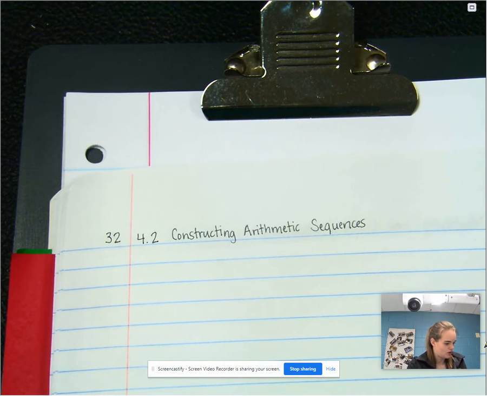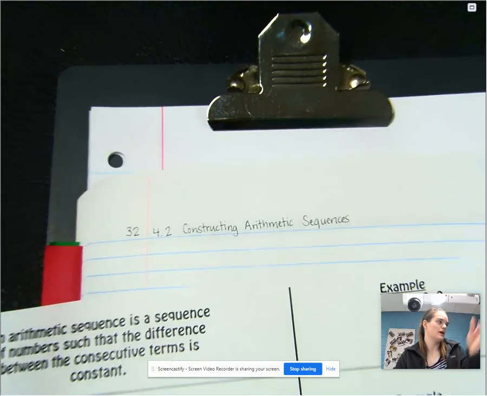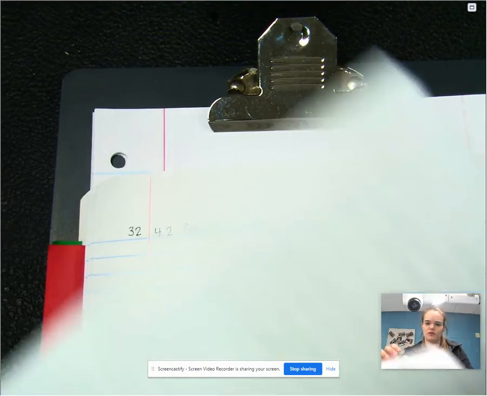Okay, so you have or are going to write on 32 with this fold. We don't have to copy it all down, just some of it.